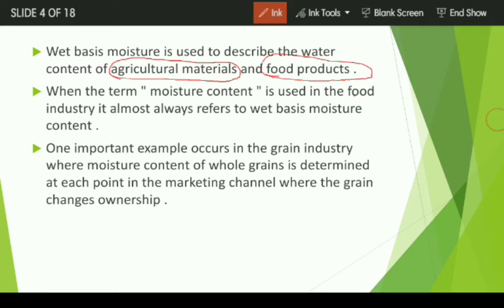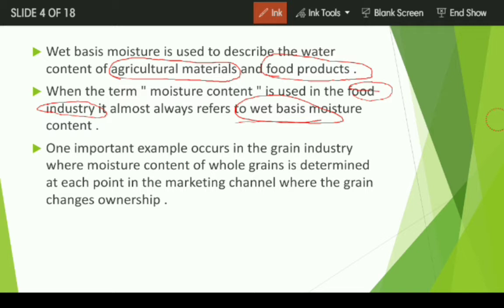When the term moisture content is used in the food industry, it is almost always referred to as wet basis moisture content. So it is a common term in the food industry. Whenever we use the word moisture content, it is always wet basis moisture content.